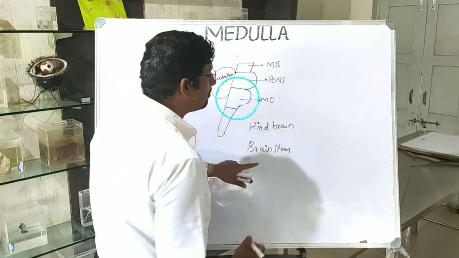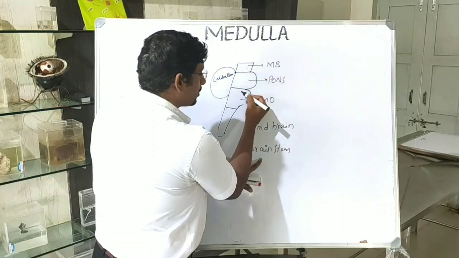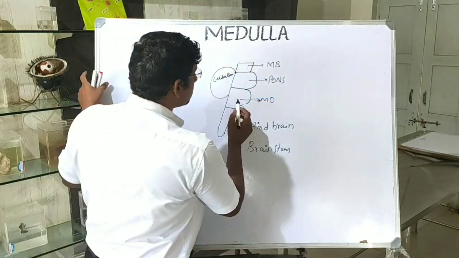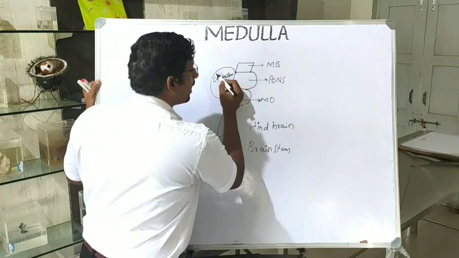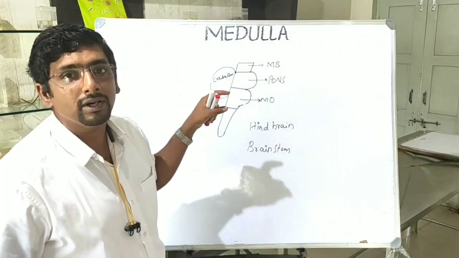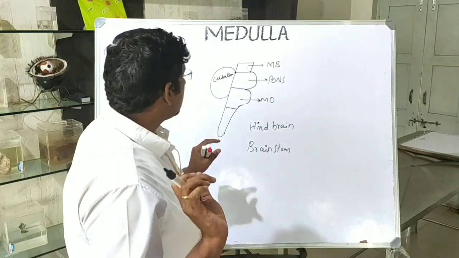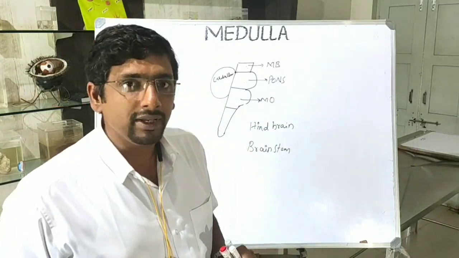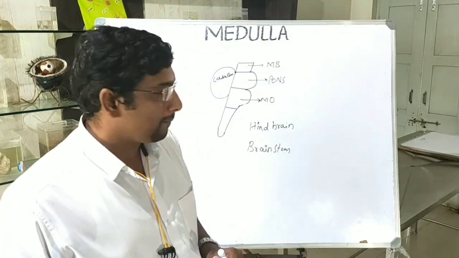The brainstem includes the medulla oblongata, pons and midbrain. The hindbrain consists of the medulla oblongata, pons and cerebellum together, which form the hindbrain or rhombencephalon. Let us understand its gross external features and anatomy, and then we will understand what is there inside the medulla.